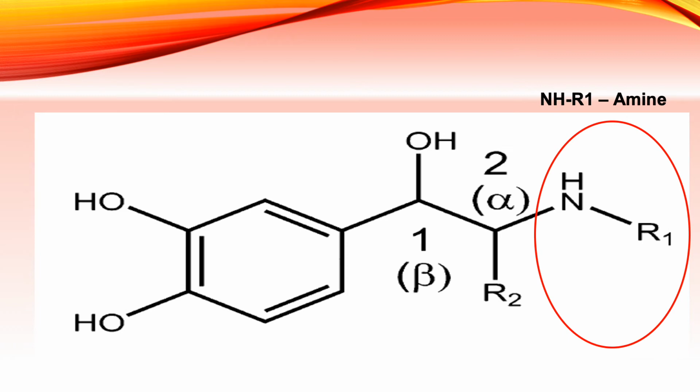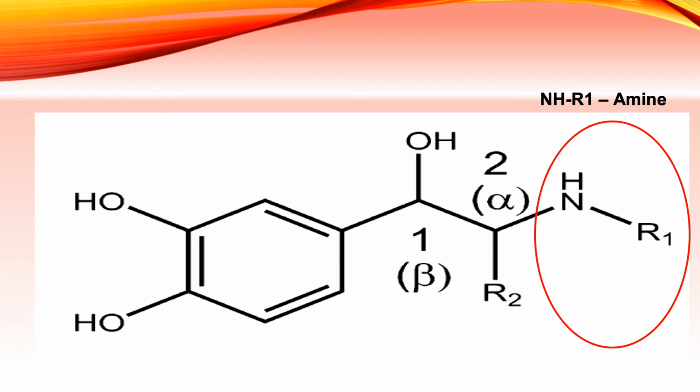Specifically, if tert-butyl substitutes our R1, it will produce beta 2 selectivity. Now, I want you to look for the structure of terbutaline and albuterol and check whether the R1 position contains a tert-butyl group.